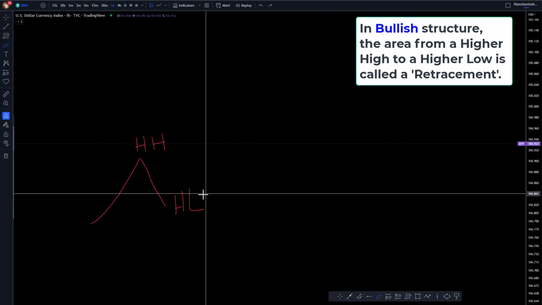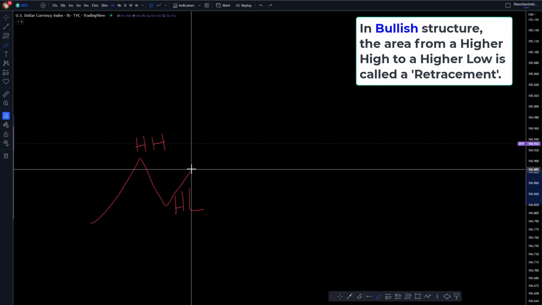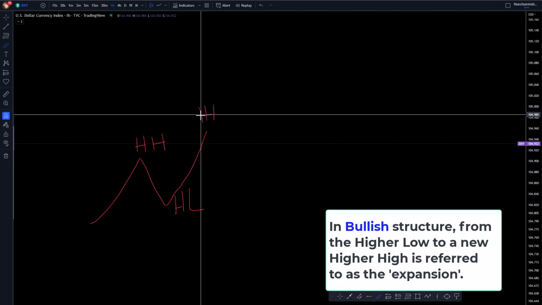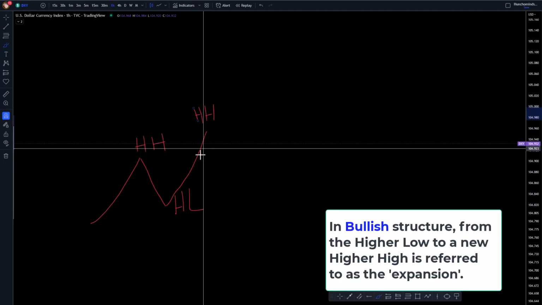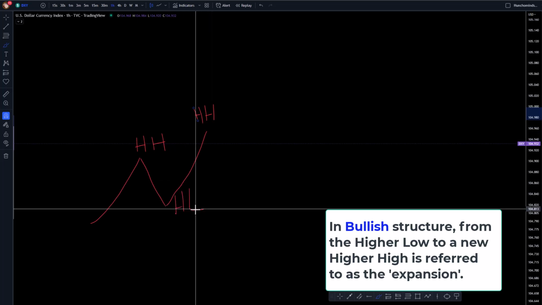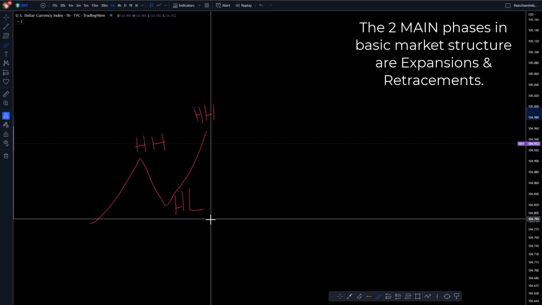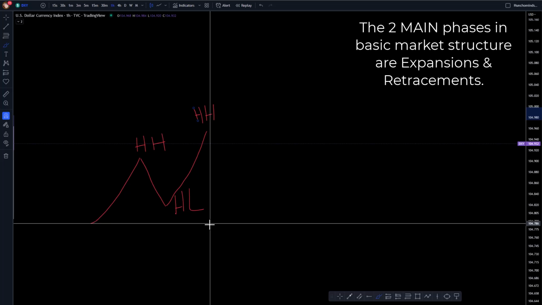And from the higher low to a new higher high is what we call the expansion.